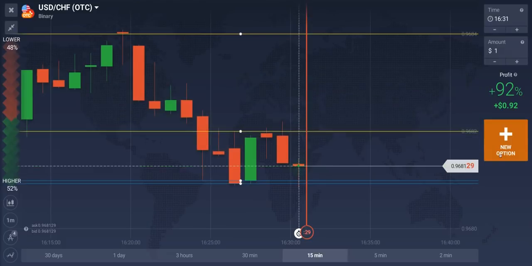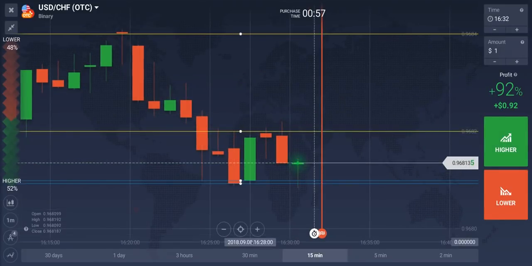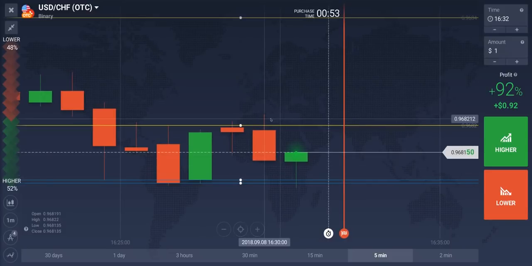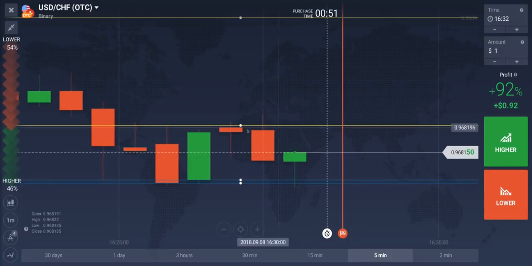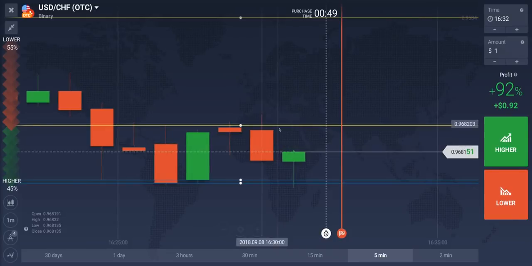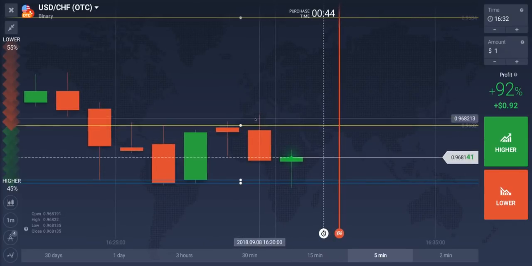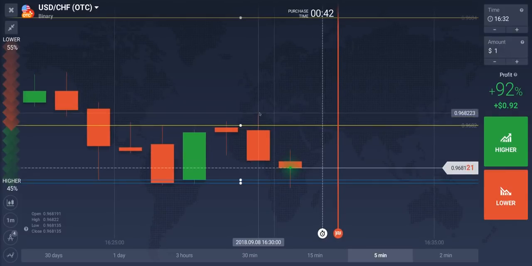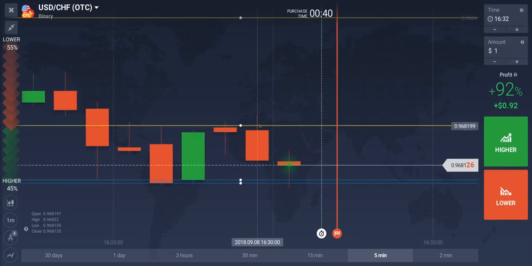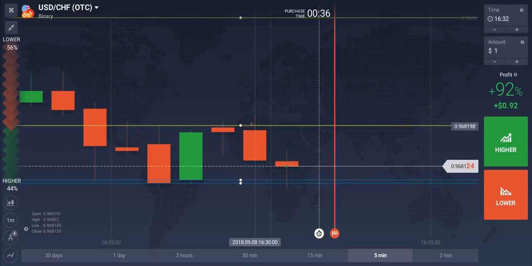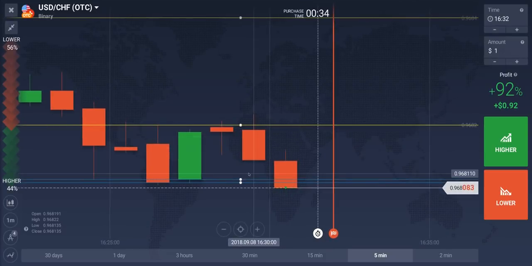Okay, didn't get the entry. So that confirmed that the buyers will try again. This candle, even though it's red, is actually a buying pressured candle, because you saw the way the buyers tried to break this level and failed twice, because the SNR broke the pressure, but the pressure is still there.